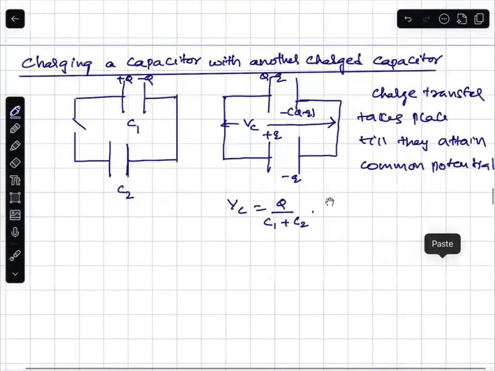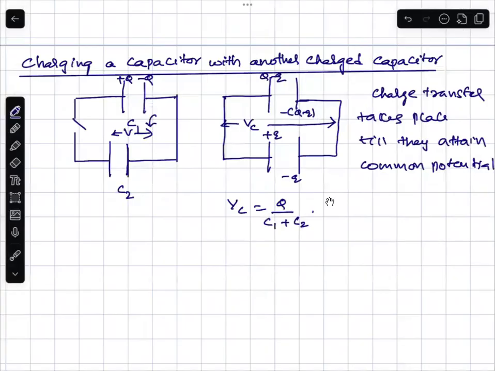Right. So initially, the potential drop across this is V. Now, what is the energy initially? I will write simply, this one has half C1 V square. What is U finally? Half of C1 plus C2 times V common square.